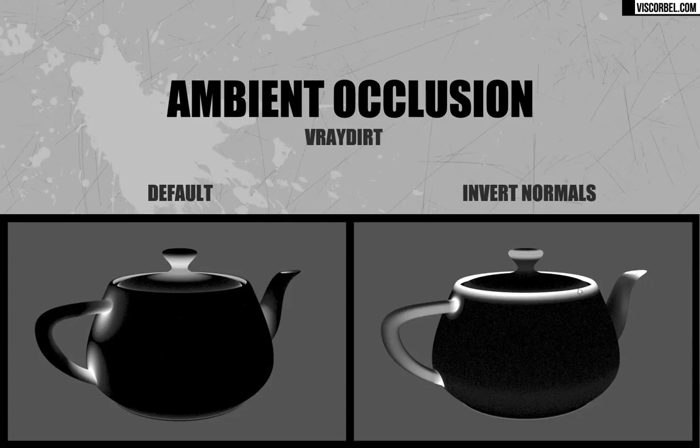And you can also use it with inverted normals, which gives another very useful effect, but instead this effect is applied on the outer edges or the outer corners of the object. And you can also use the bias values of the Vray dirt to kind of shift the dirt effect in any of the 6 directions: up, down, left, right, forward, backward.